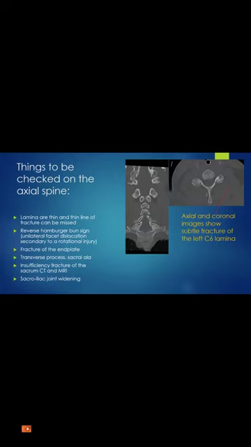In the axial run, we should look carefully for the lamina. Lamina are thin in the cervical spine, so they're easy to be missed.